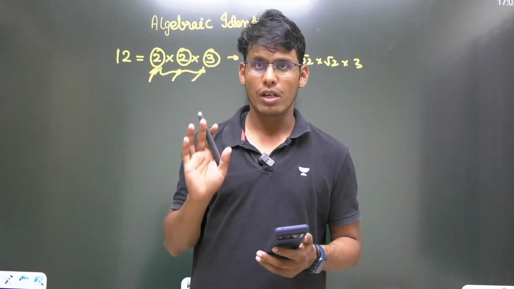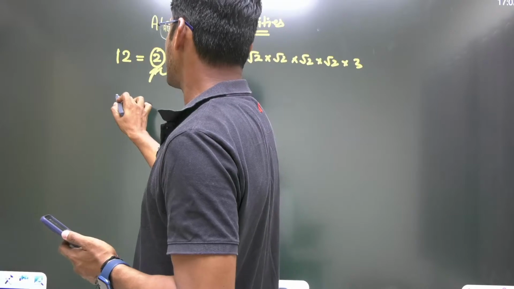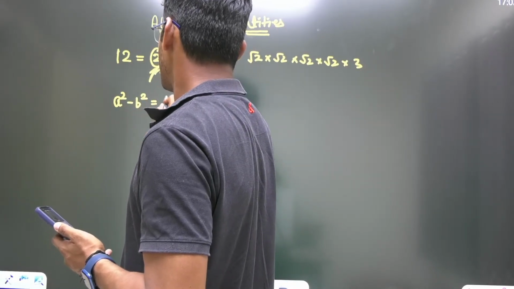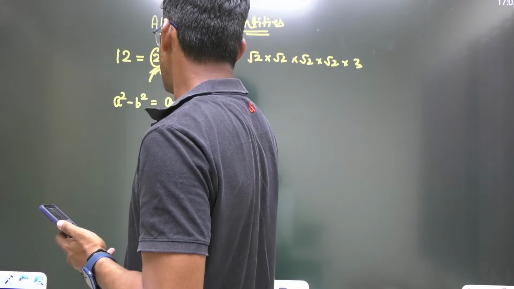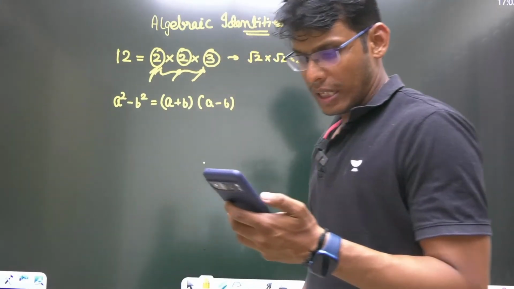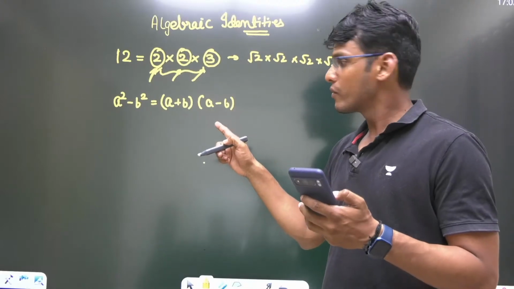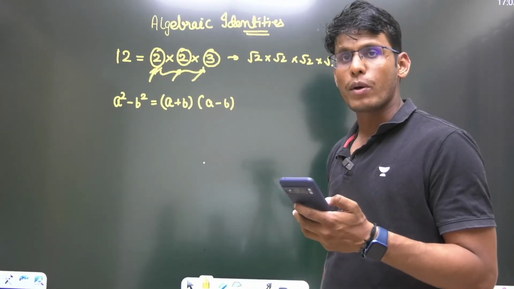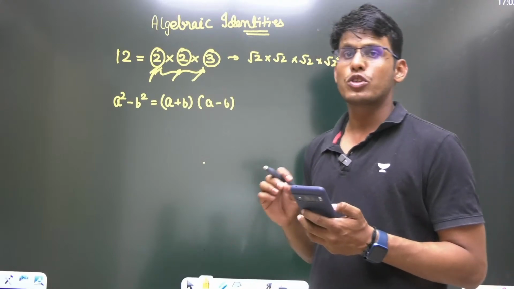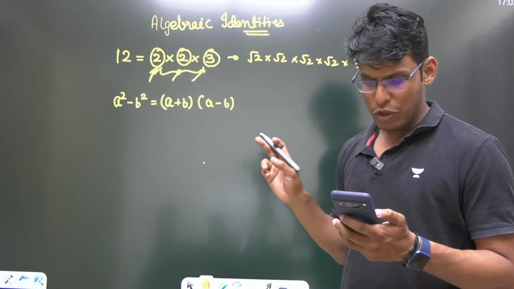coefficients are rational. For example, you must have seen here that a square minus b square is a plus b into a minus b. Have you studied this?